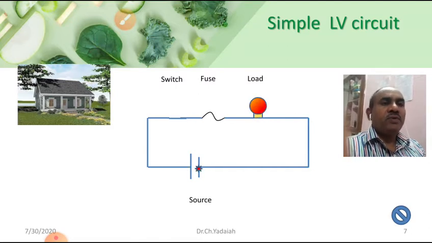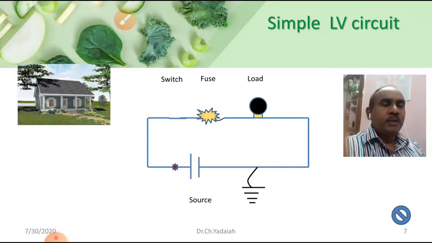Now I deliberately created one short circuit in the circuit. Now you can see I placed one ground short, then automatically the power is stopped. There is no current flowing from the source. The fuse is blown. You can see that is the arc.